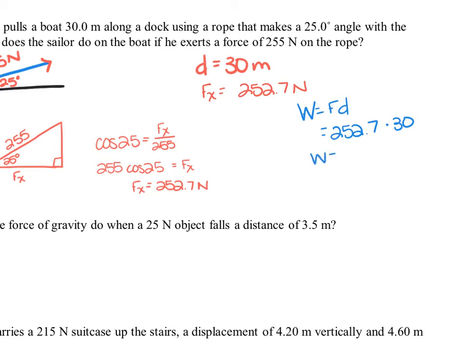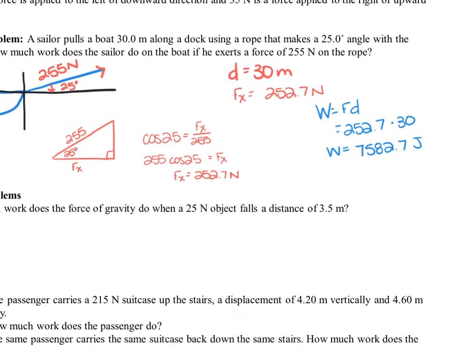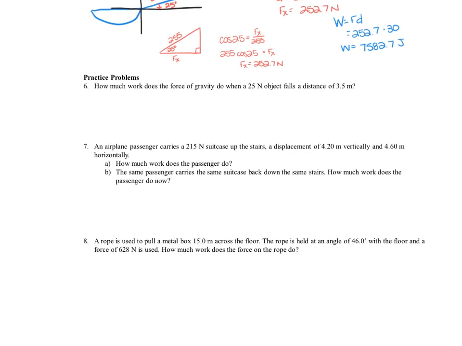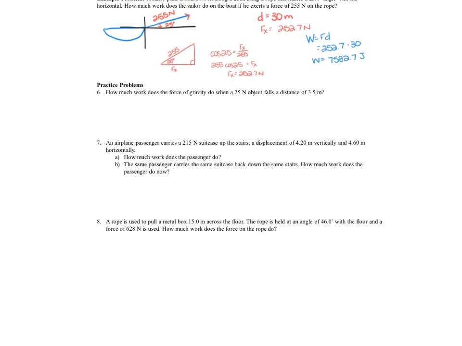So the work done on the boat is 7,582.7 joules. And there are 3 problems for you to do on your own.